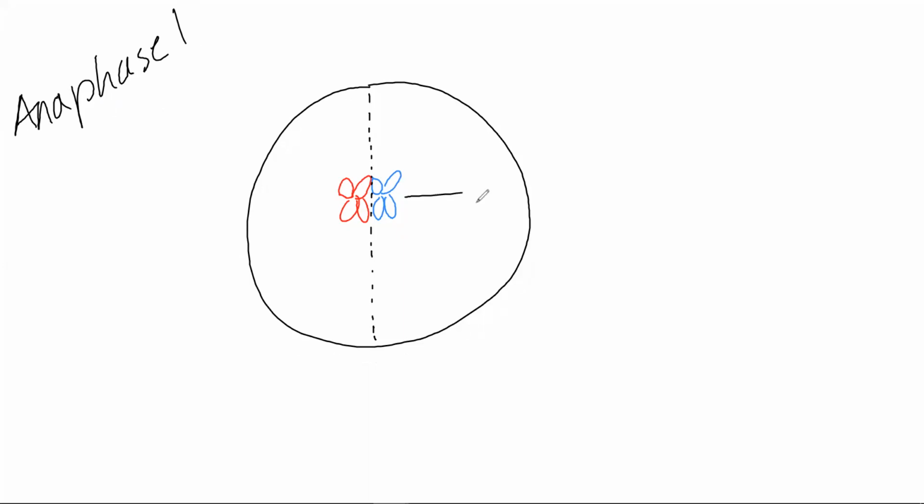So this is going to go this way, and this is going to go this way. Now, your body has a bunch of chromosomes, but we're only representing it with one because easier visuals. So as they move that way, we now have one red chromosome here and one blue chromosome here.